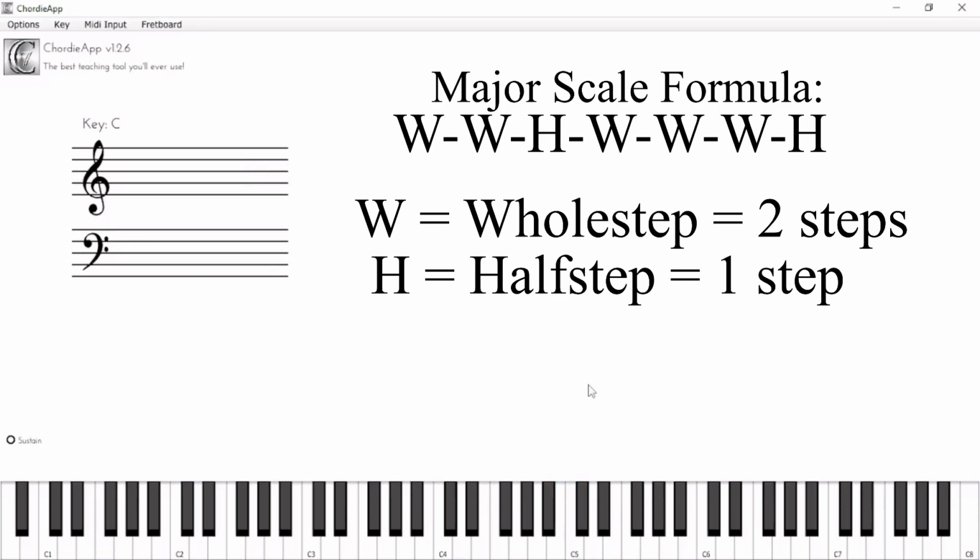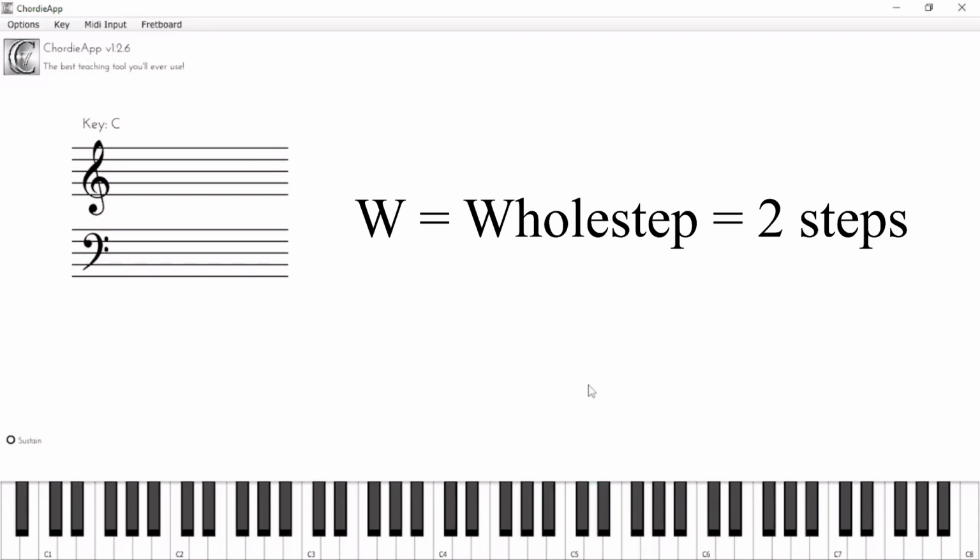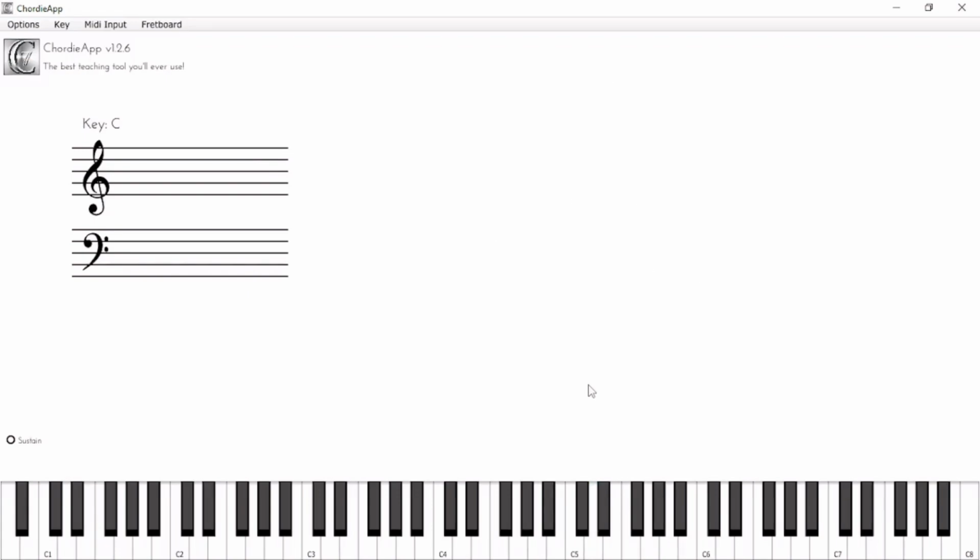Now, this formula you can use on any note you want to start on. If you want to start here on D, you do the whole formula: whole step, whole step, half, whole step, whole step, whole step, half. And there you go, you've got the D major scale. You can do this to find any major scale on the board.